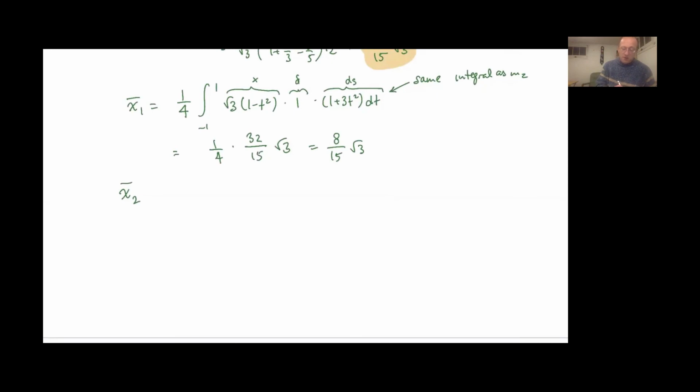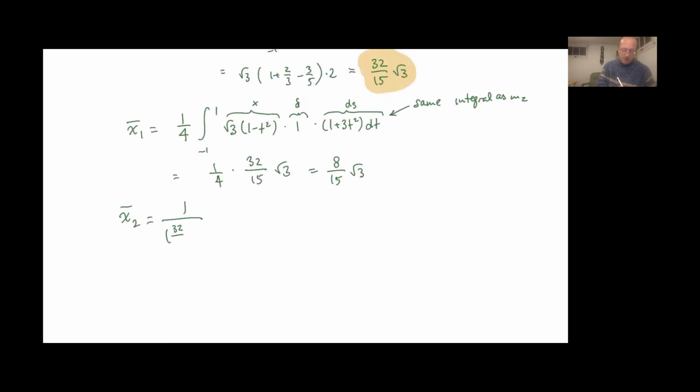Well, it would be 1 over the mass that we found times the integral from -1 to 1 times x, which is √3 1 minus t squared, times the density, which is also √3 1 minus t squared, times ds, 1 plus 3t squared dt. Right, here's x. This is the density, and this is ds.